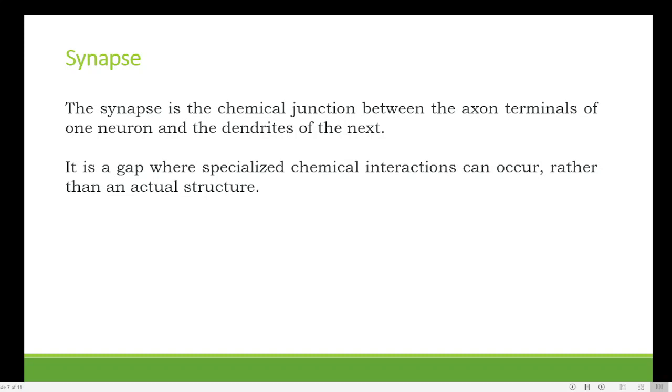In case of synapse, it is the chemical junction between the axon terminal and the dendrites of the next neuron. And regarding synapse, we will be studying again. In case of a synapse there is a small gap between two neurons, known as the synaptic gap or synaptic cleft. So that is how the structure of a synapse will be.